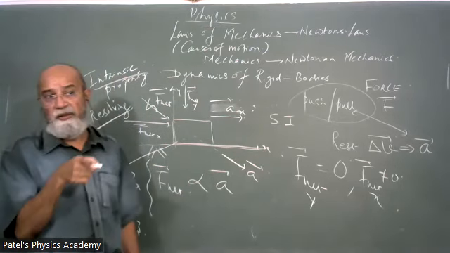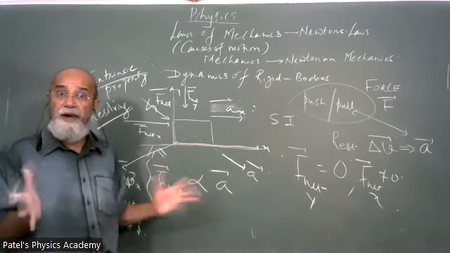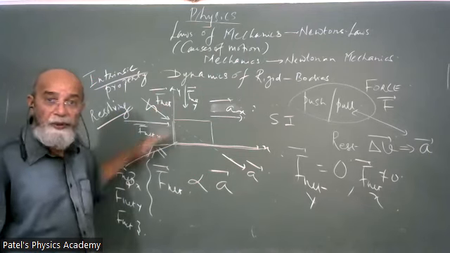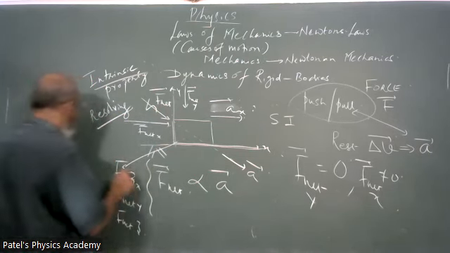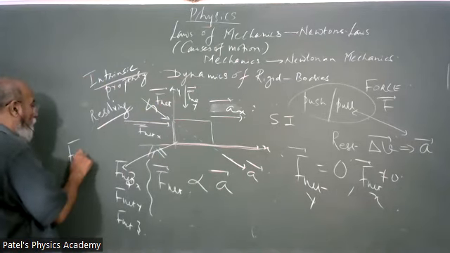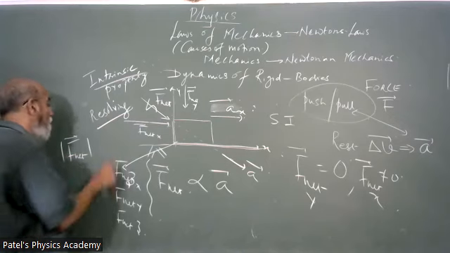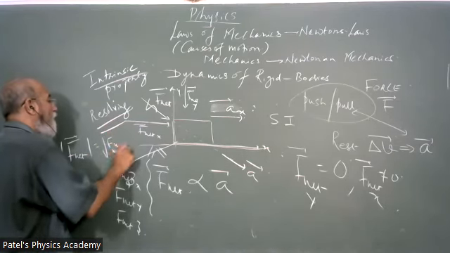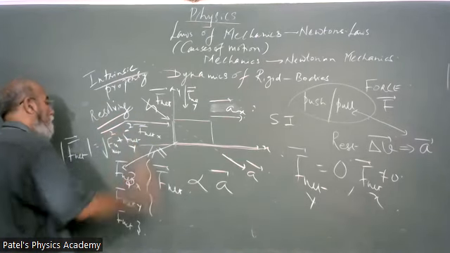We have discussed this. That I can resolve, that means I can break up this force into its components, and I know that this force, its magnitude, this is how we write, will be the square root of F net x squared plus F net y squared.